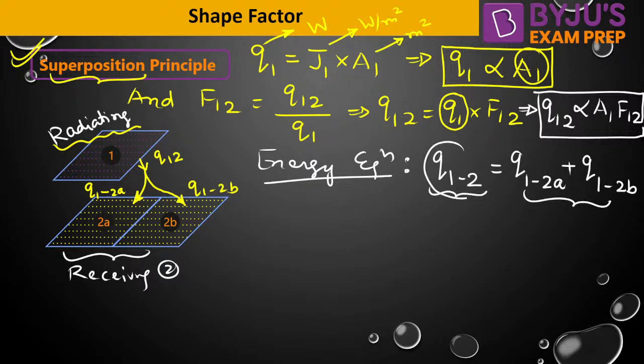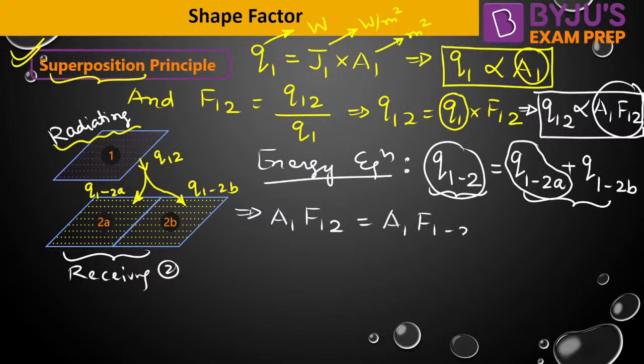And Q1 to 2 is proportional to A1 F1 to 2. So we can say A1 F1 to 2 is equal to Q1 to 2A, proportional to A1 F1 to 2A, plus Q1 to 2B, proportional to A1 into F1 to 2B.